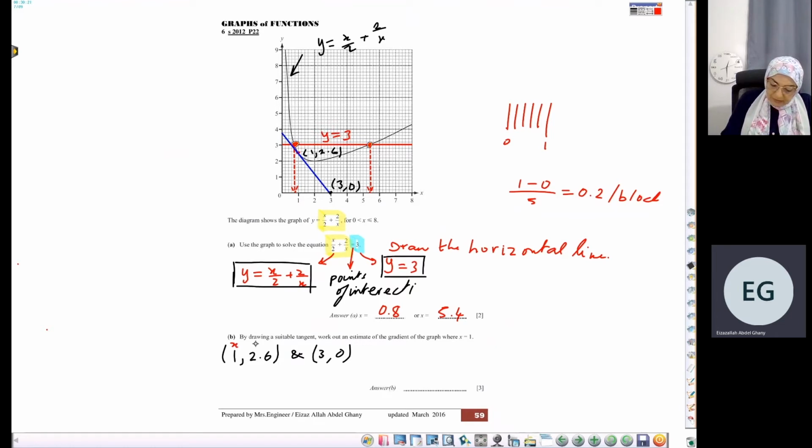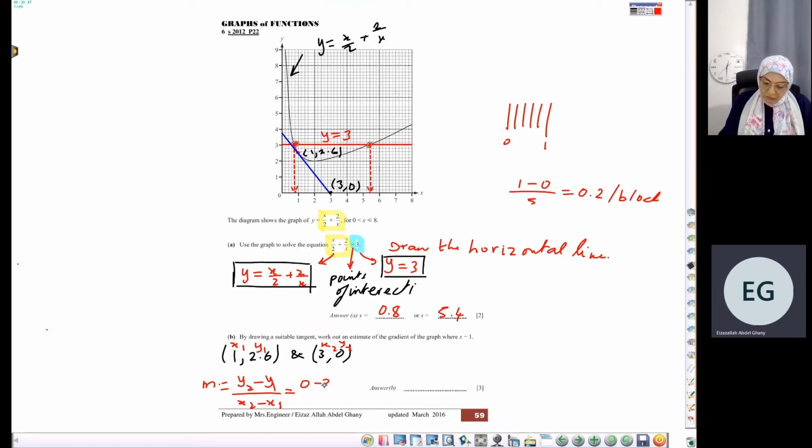You name them x1 and y1, then x2 and y2. The gradient is y2 minus y1 upon x2 minus x1. I'll write the rule first to make it safe for me when I substitute.